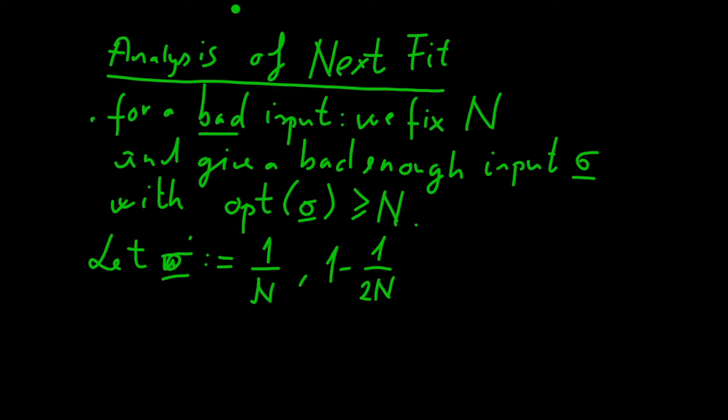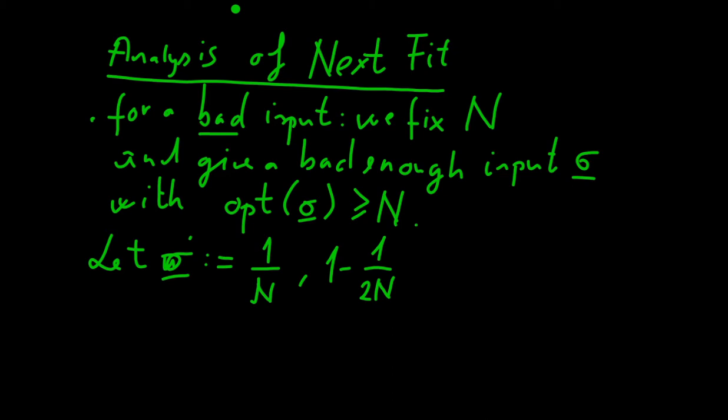Two of these objects won't fit into a single bin. Let n be 5: then the first one is 1 over 5, which is 0.2, and the next one is 1 minus 1 divided by 2 times 5, which is 0.9.